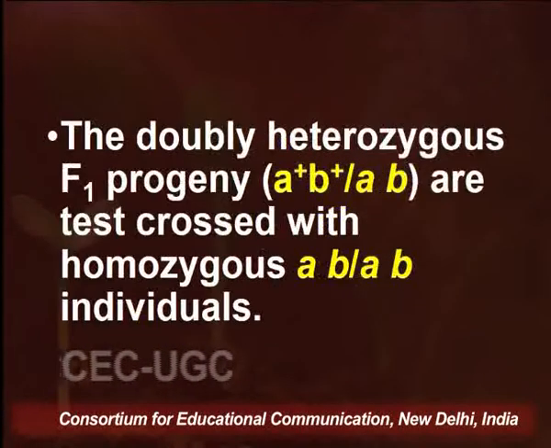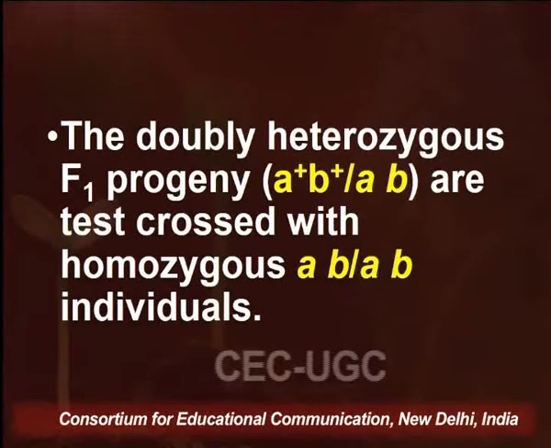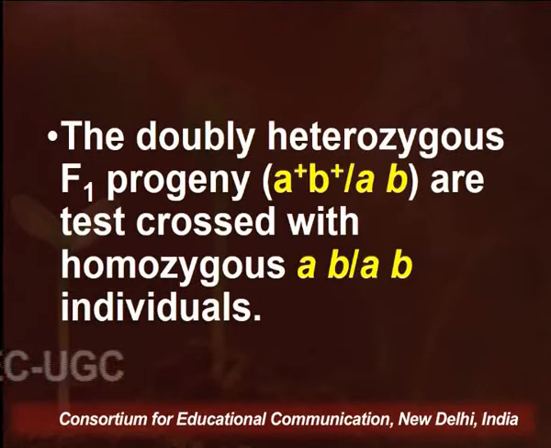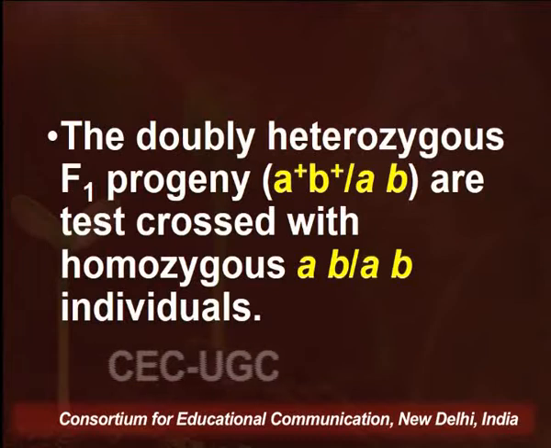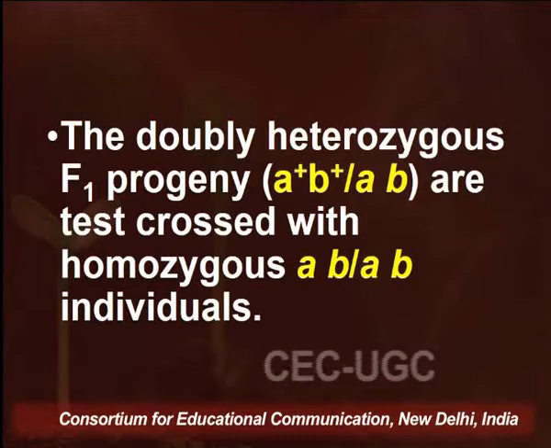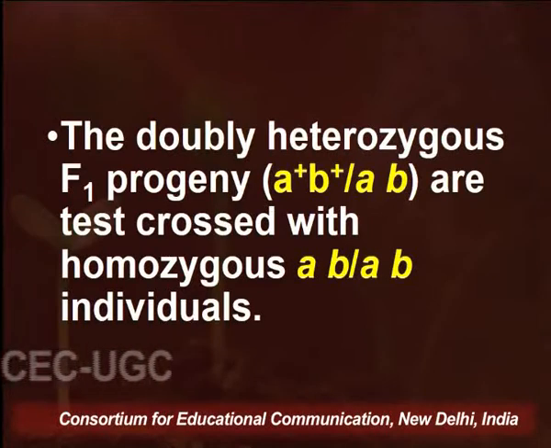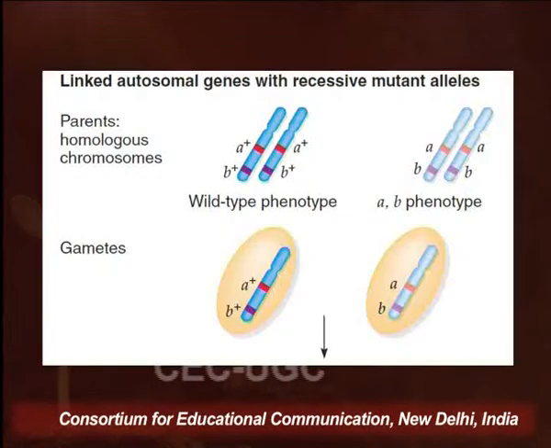This cross is in fact giving rise to a doubly heterozygous F1 progeny, which is now A plus B plus and ab. Now we have to test cross this with the homozygous recessive parent, which is small ab and ab.